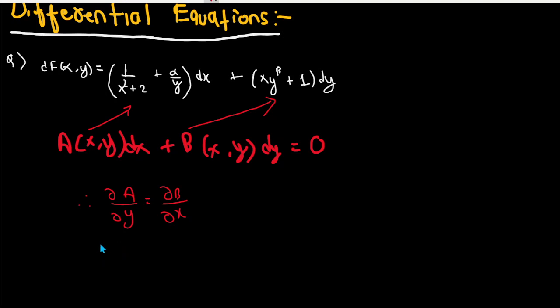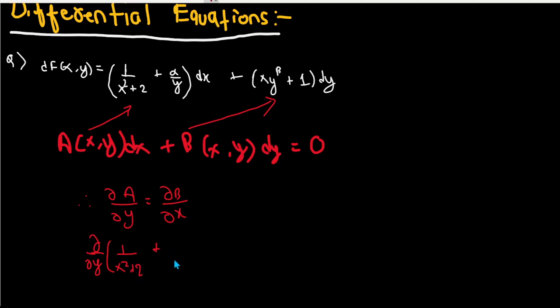Here, del by del y of A, where A is 1 divided by x squared plus 2 alpha by y.